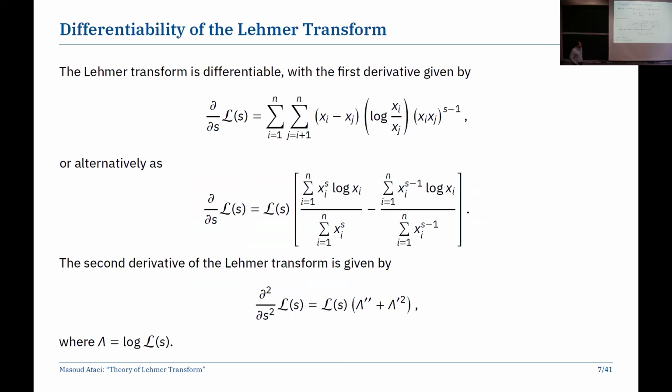Now, let's examine the differentiability of the Lehmer transform, which reveals much about its inner mechanics. The first derivative, as shown in the double summation form here, captures an interesting interaction between three fundamental elements: differences, ratios, and nonlinear scaling.